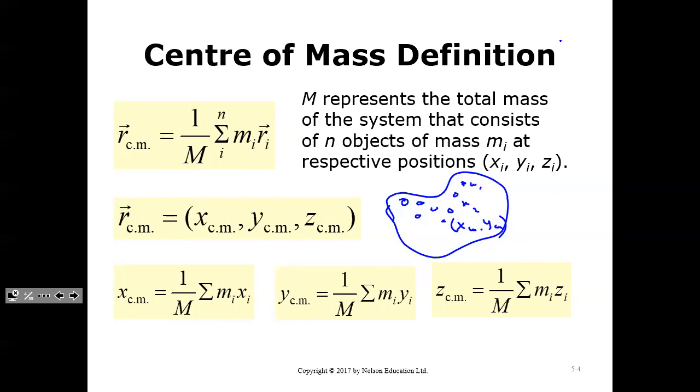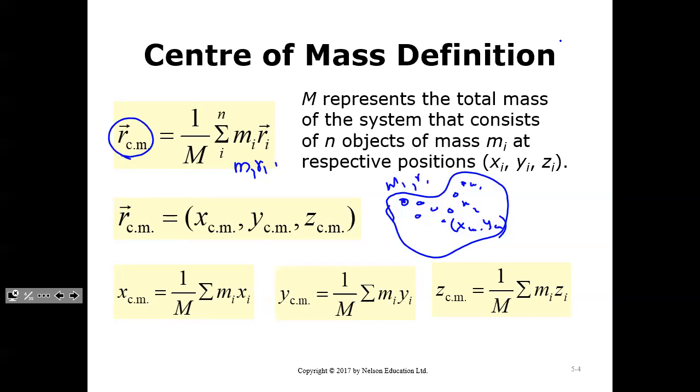It is defined as R center of mass, which gives all of X, Y, Z in one stroke, and will be equal to M1, the position of this M1 being R1.